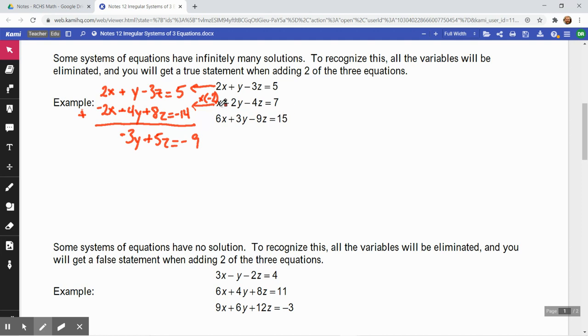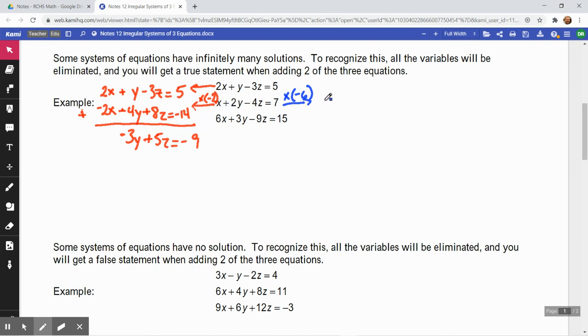I might say, hey, let's try the second and the third equation. So if we want to eliminate x again, using the second and third equation, this x at the bottom has a positive 6 coefficient. If we can make this x in the middle have a negative 6 coefficient, then we should see the x variable cancel. So let's multiply our second equation by negative 6.